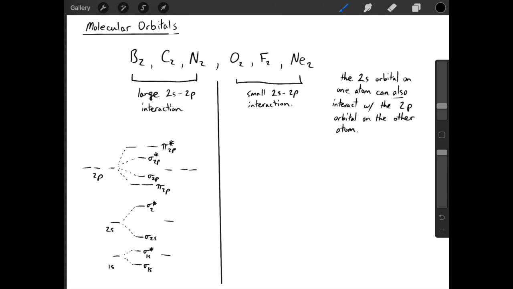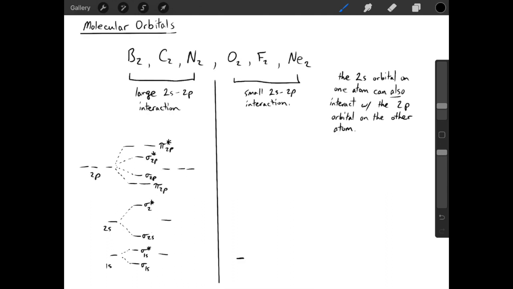Now, this is for a 2s to 2p interaction that's fairly large, and I haven't shown it with the dotted lines just for the sake of limiting the complexity. For a small 2s to 2p interaction, you're going to get a slightly different structure. The sigma 1s and sigma 2s molecular orbitals look pretty much identical in structure.